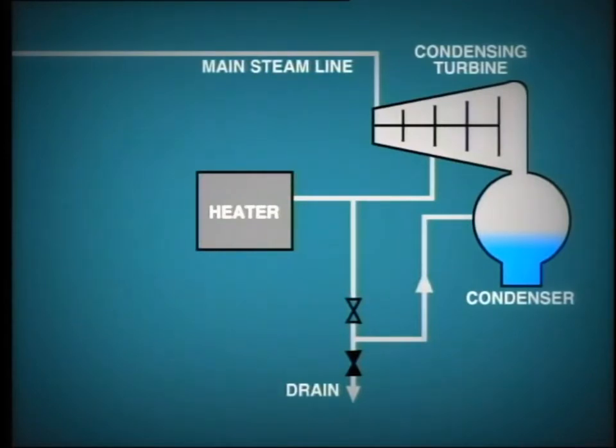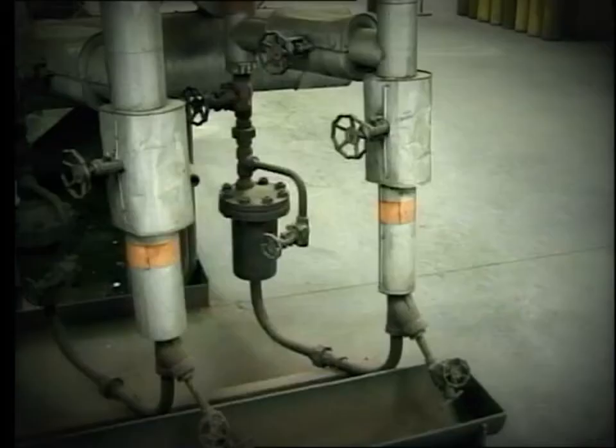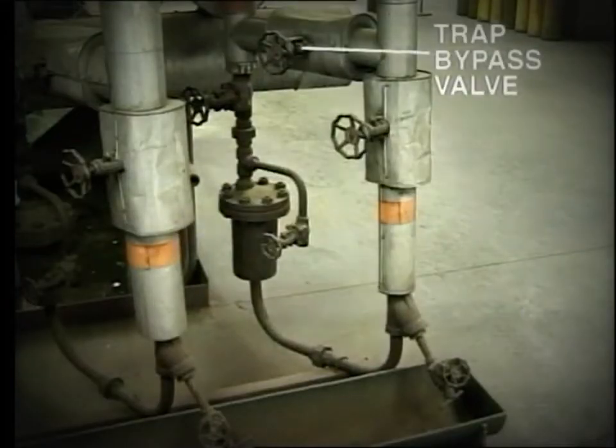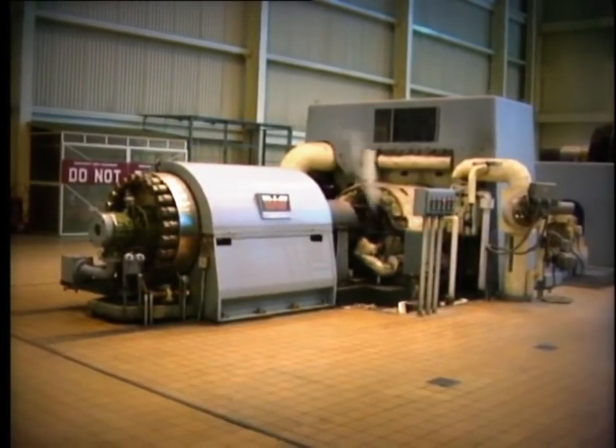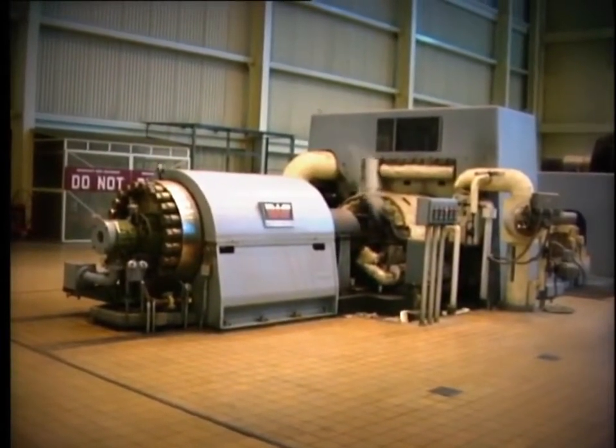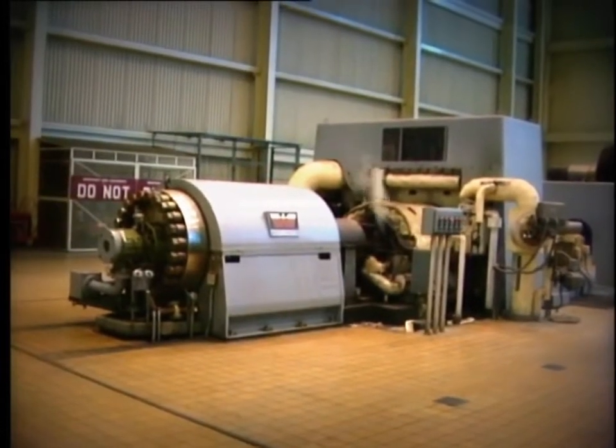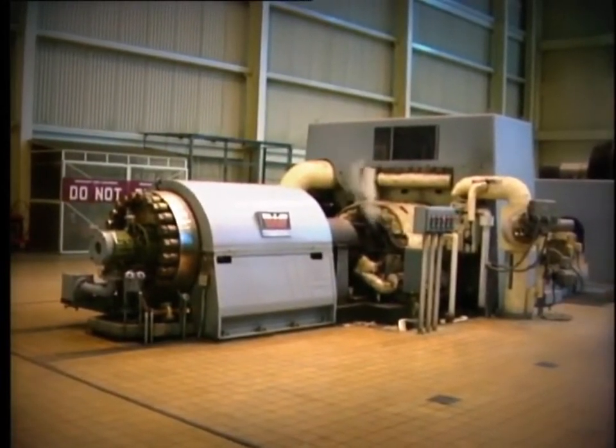Often these extraction line drains are fitted with steam traps, which discharge automatically into the condenser. However, during startup, it is good practice to open the trap bypasses to make sure that all of the water is drained from the line. On large turbine generator units, the feed water pumps are sometimes driven by steam turbines using extraction steam or cold reheat steam.